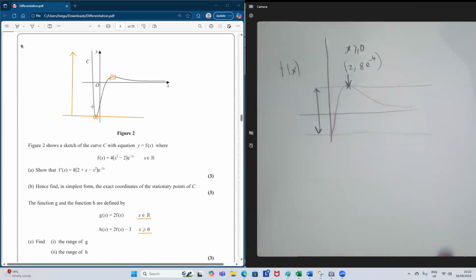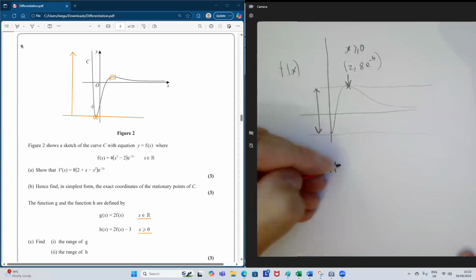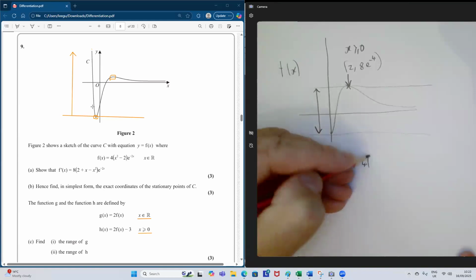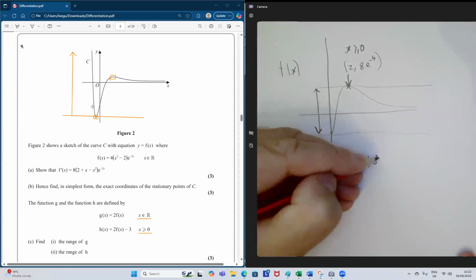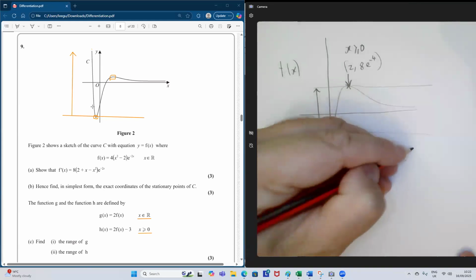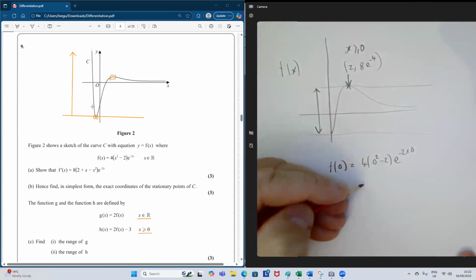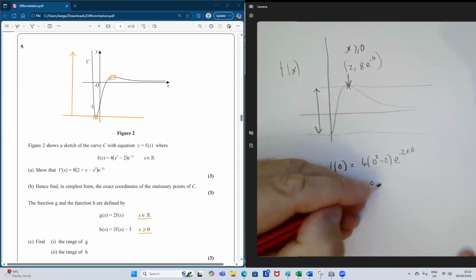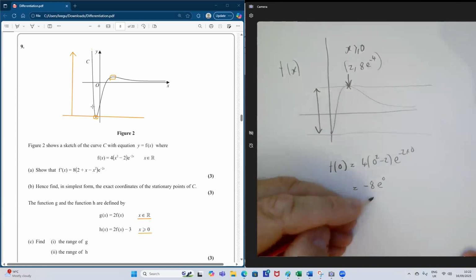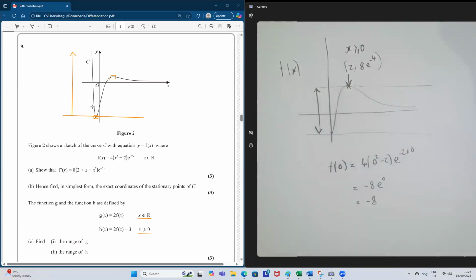So now we need to say, what is the value here? And this is going to be when x is equal to 0 in f of x. So we need to work out f of 0. That's going to be 4 times 0 squared minus 2 times e to the -2 times 0, which is going to be -8 times e to the 0, which is just -8.